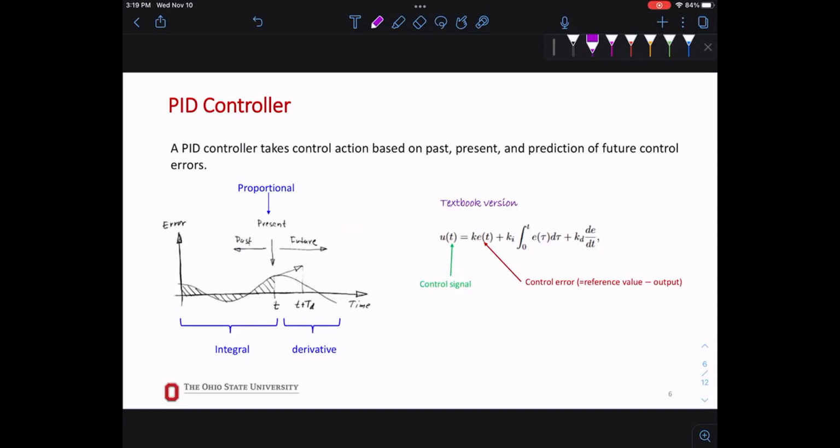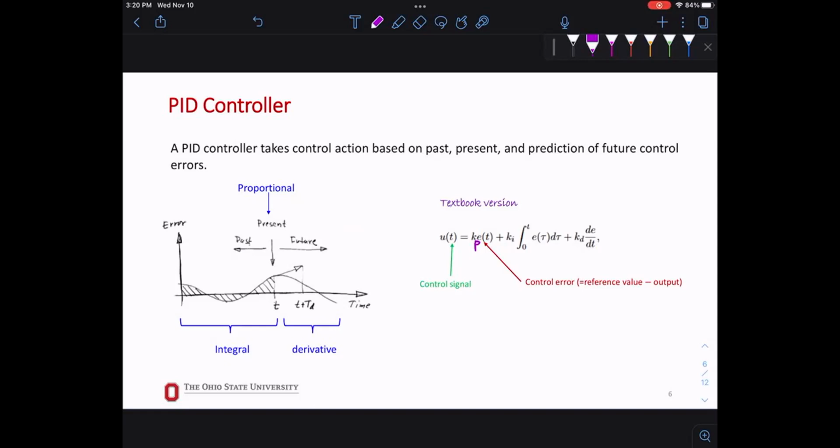So the control law, or the control signal, for the PID controller would be your K, or you can write KP, so it's consistent, KP times error. KP is a coefficient that you have to tune, multiplied by the error directly. What's the error? The output minus input.